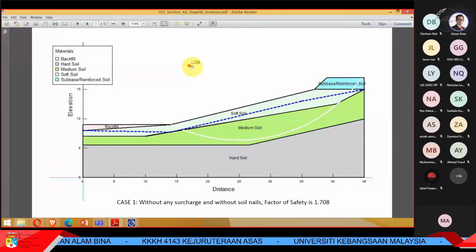This one is using SLOPE/W. It gives 1.7 using the Morgenstern method. There are so many failure envelopes, but this is the critical one. The lowest value is 1.7, so it is safe if I design something like this.